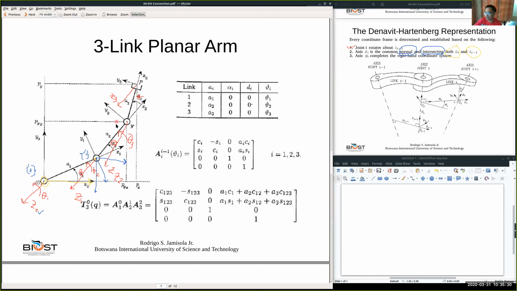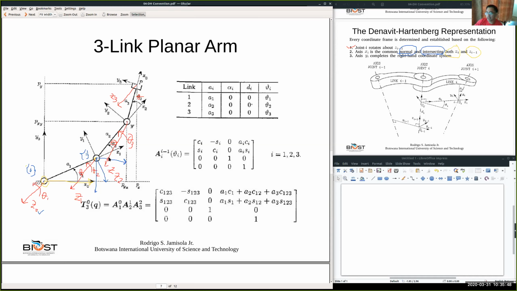In this case, all of these axes are both intersecting and normal to Z1. And all of these axes are also normal to Z0 because they're lying on the plane and Z0 is coming out of the plane.